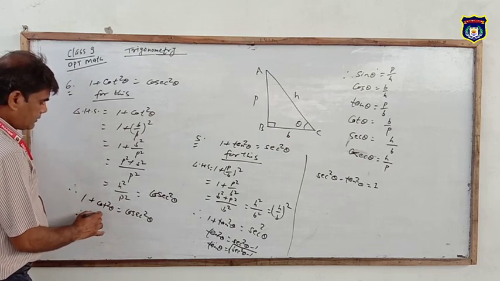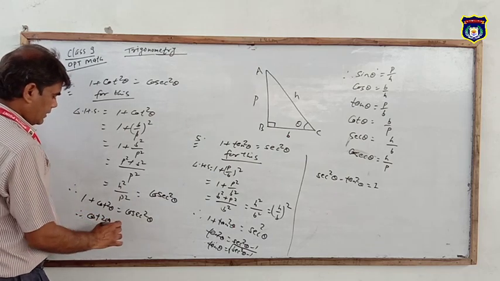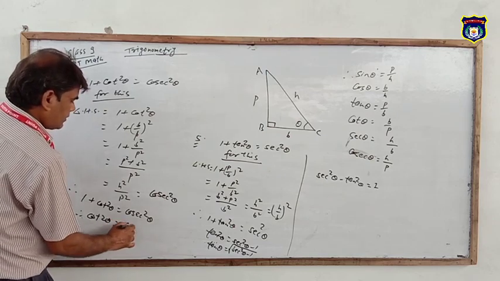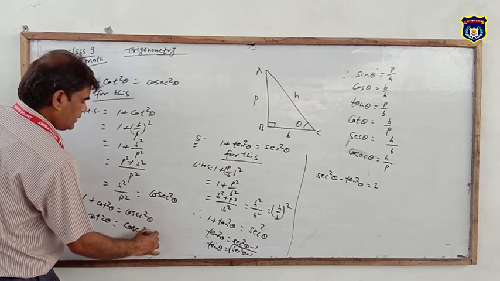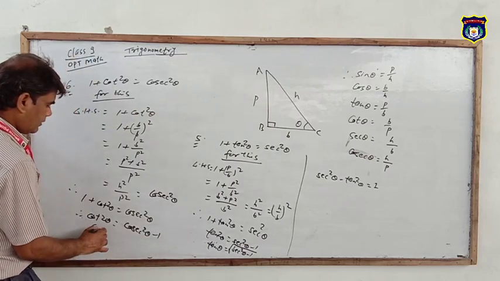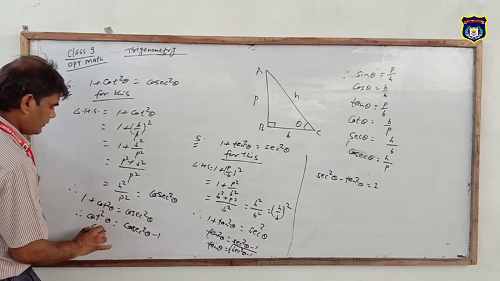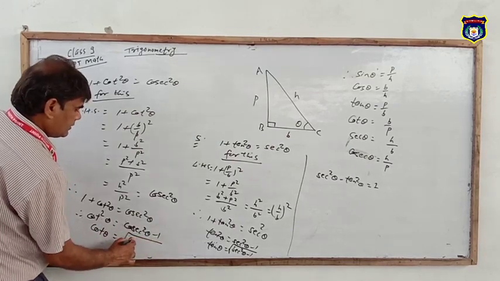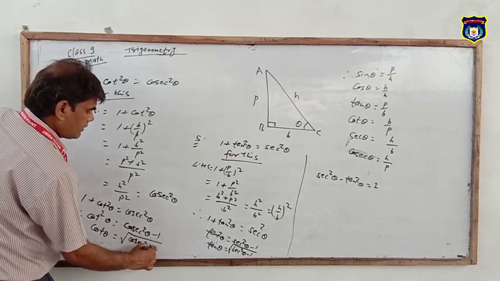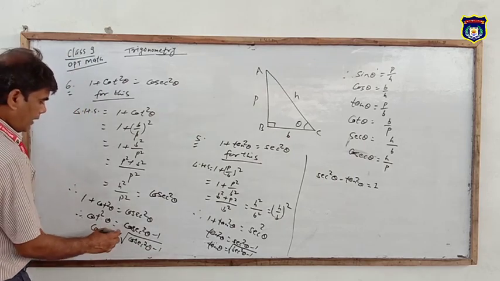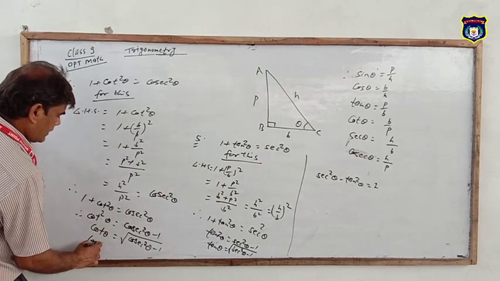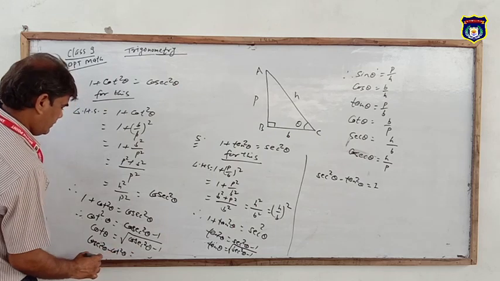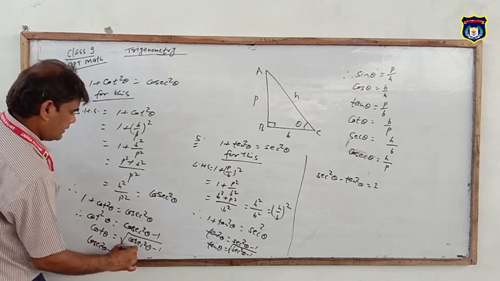Therefore cot square theta is equal to cosec square theta minus 1, and cot theta is equal to root of cosec square theta minus 1, and cosec square theta minus cot square theta is equal to 1.